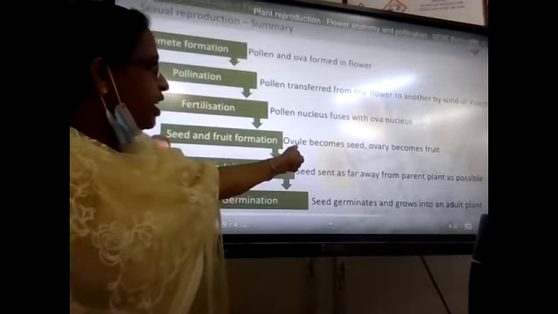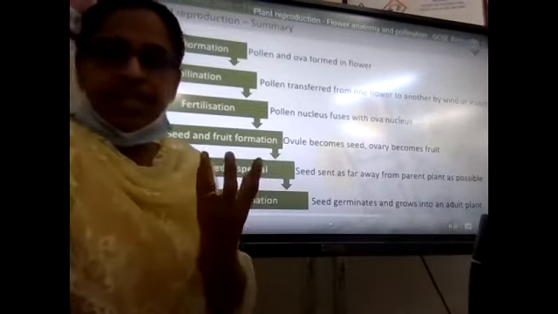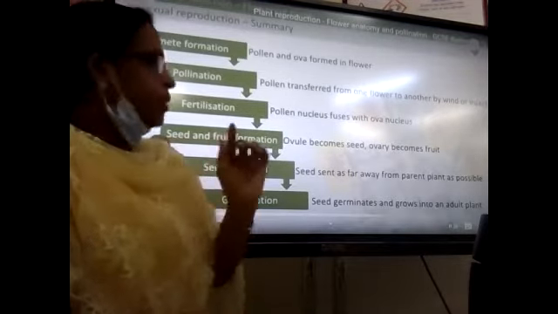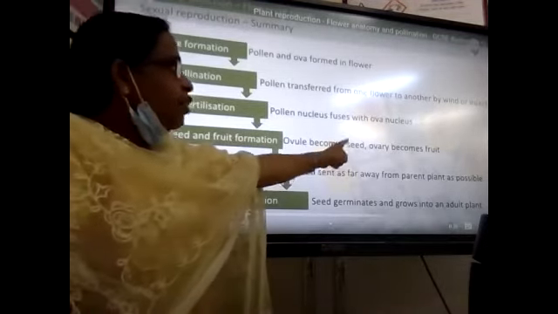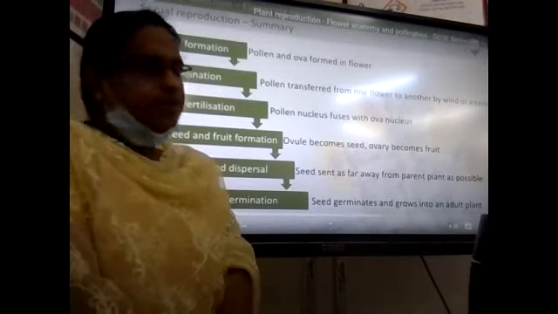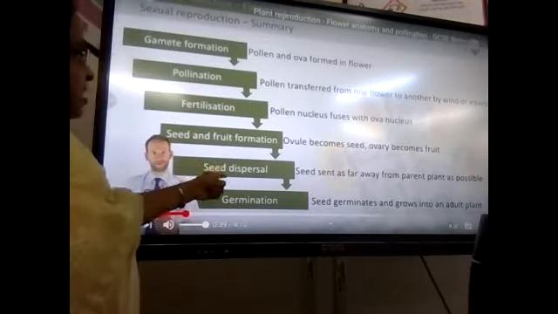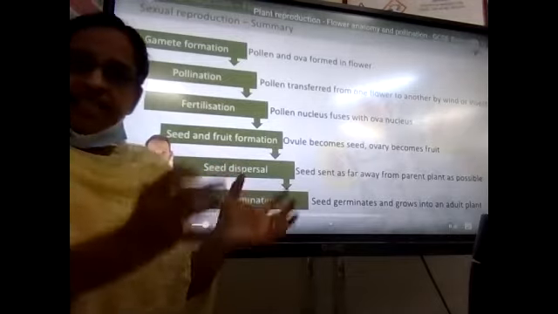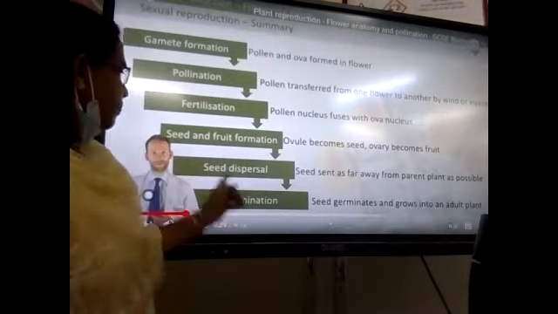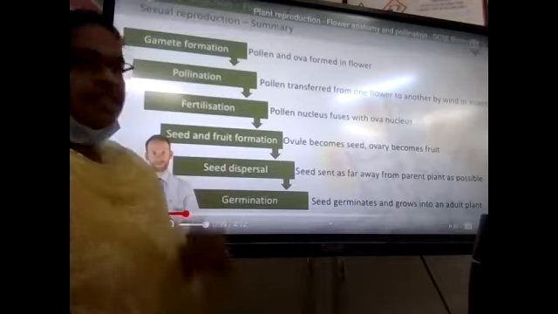The fertilized ovule, ovule is the egg cell, becomes the seed and the ovary becomes the fruit. Okay. The next is seed dispersal. This is just general; we will go into detail on each of them.